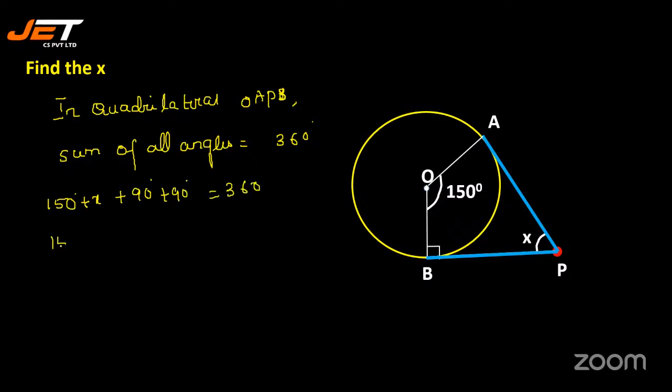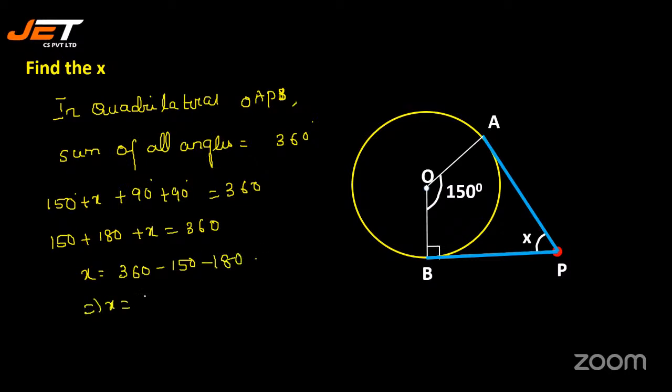So 150 plus 90 plus 90 is 330, plus x is equal to 360. So x is equal to 360 minus 150 minus 180.